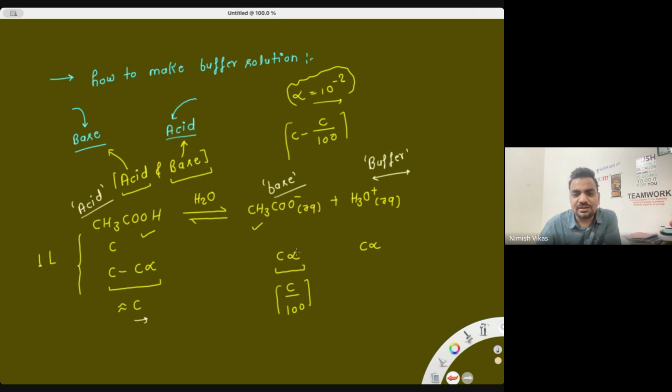But this solution will have very small immunity towards acid added from outside. If you're trying to add acid from outside, it will not be able to protect pH. Why? Because the amount of base present in this solution is very less. We have very small amount of base to protect against acid added from outside. If you're adding base from outside, then we have enough acid to protect it. We got C mole per liter.